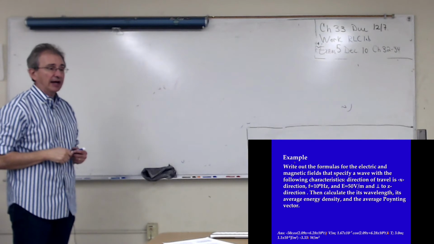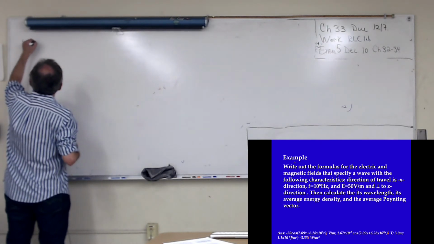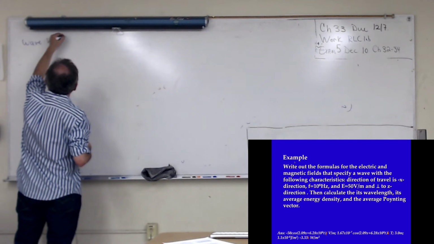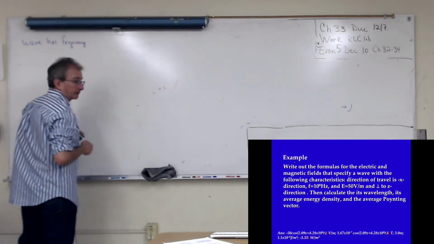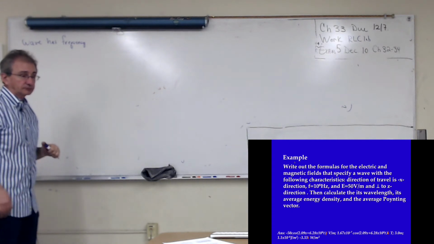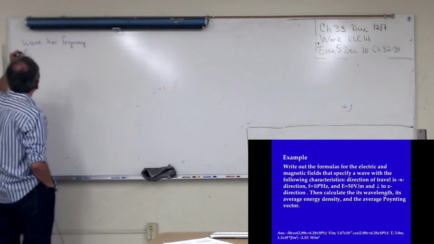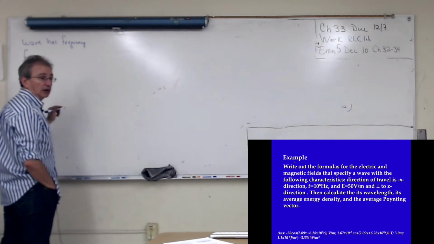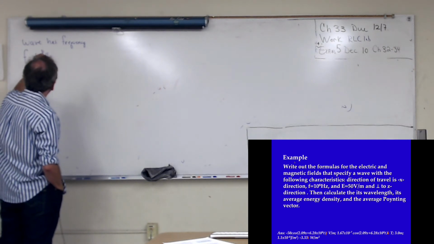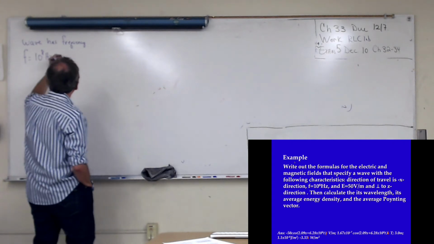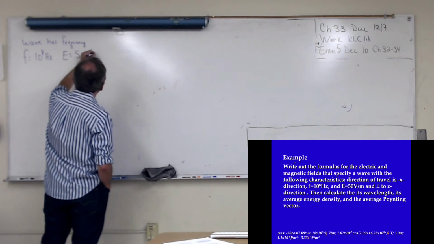So suppose we have a wave that has a frequency of 10 to the 8th hertz, E is 50 volts per meter.